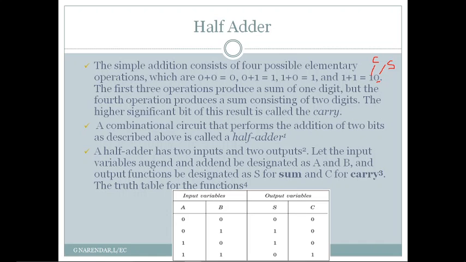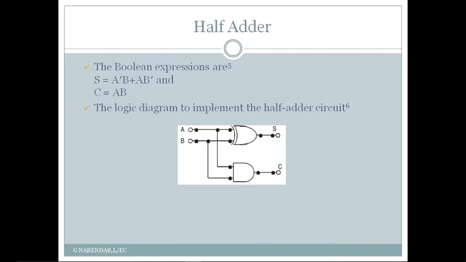For the coming circuits, if we could not write it directly, we will see the procedure of how to write and simplify using other methods like the Karnaugh map method. So here you can see that the sum function is exactly the same as the XOR function, and the carry function is exactly the same as the AND function of the input variables. So we'll directly write the Boolean expressions.